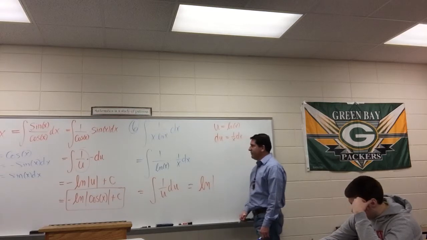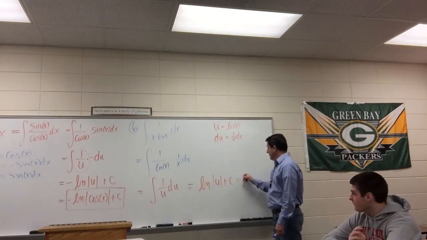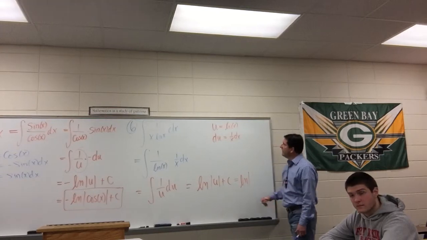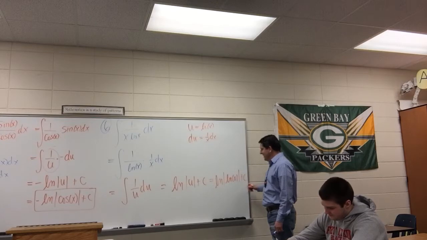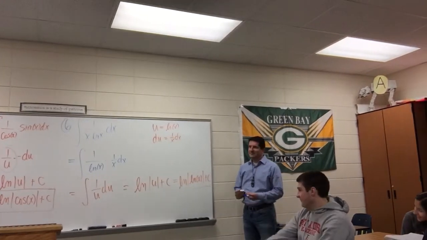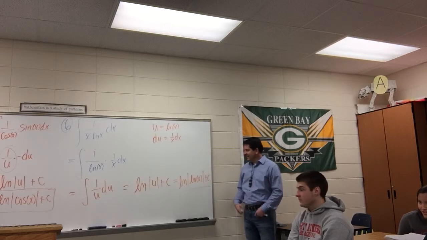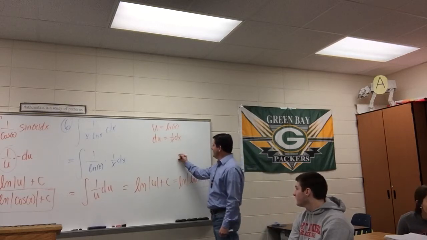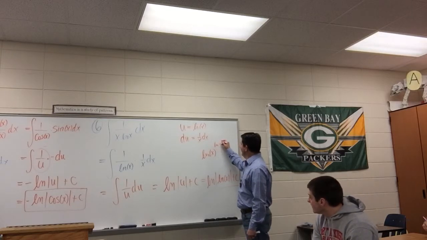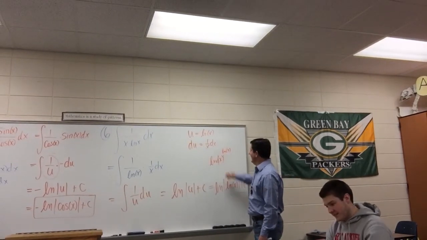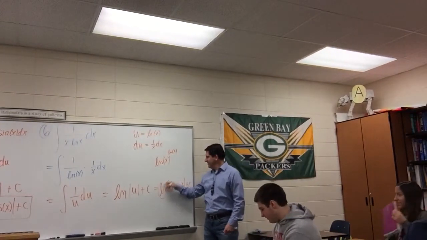Natural log of the absolute value of u plus c, which is the natural log of the absolute value of the natural log of x. And that looks weird. Yeah, it's the natural log raised to the natural log, because you just bring it up.